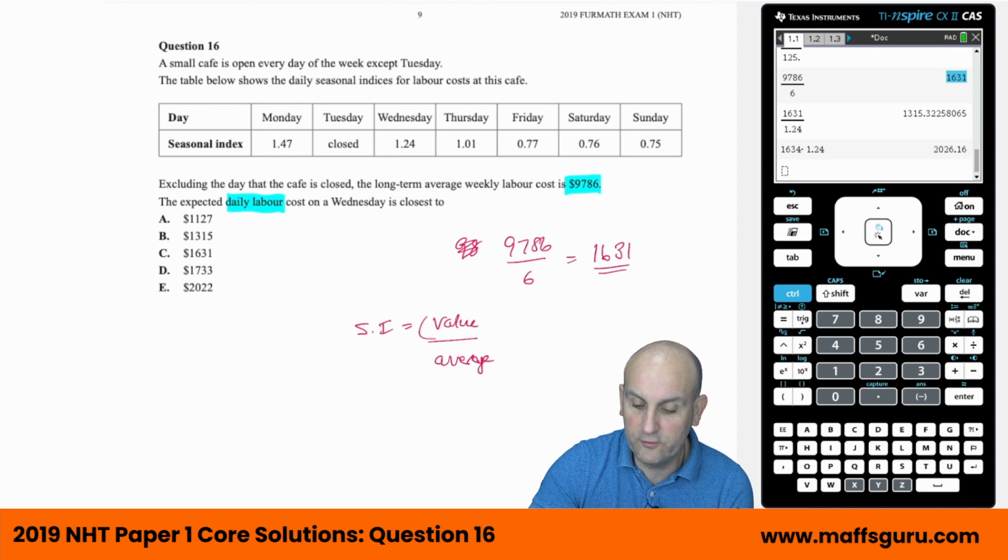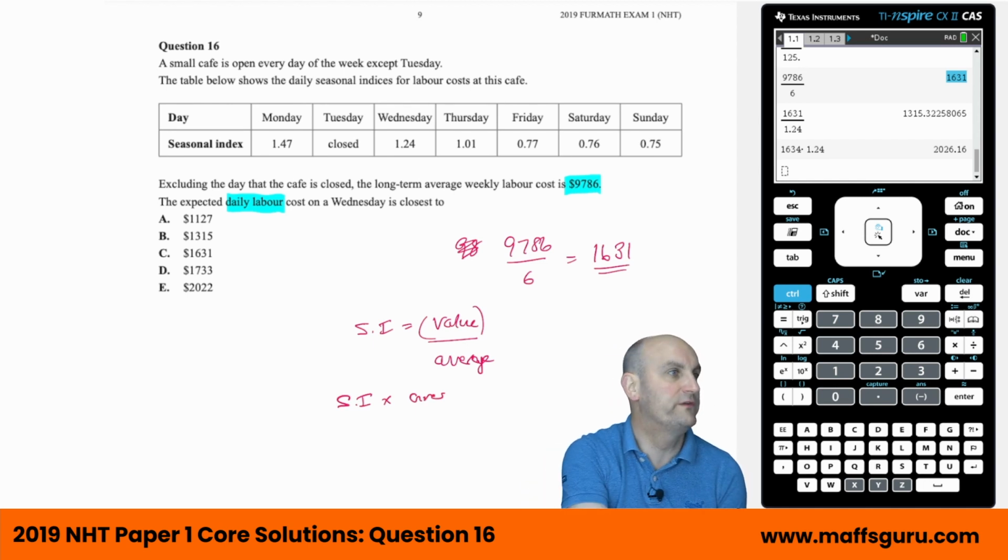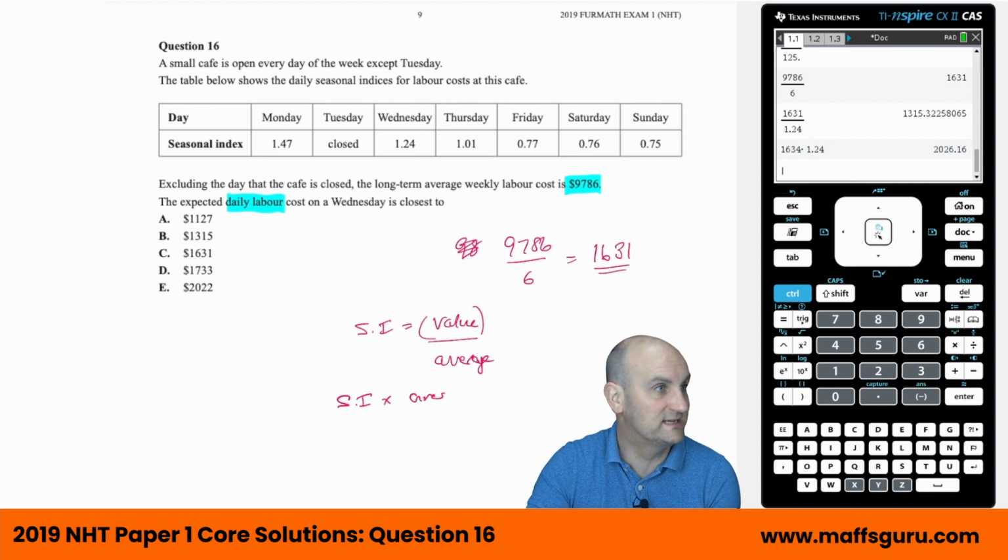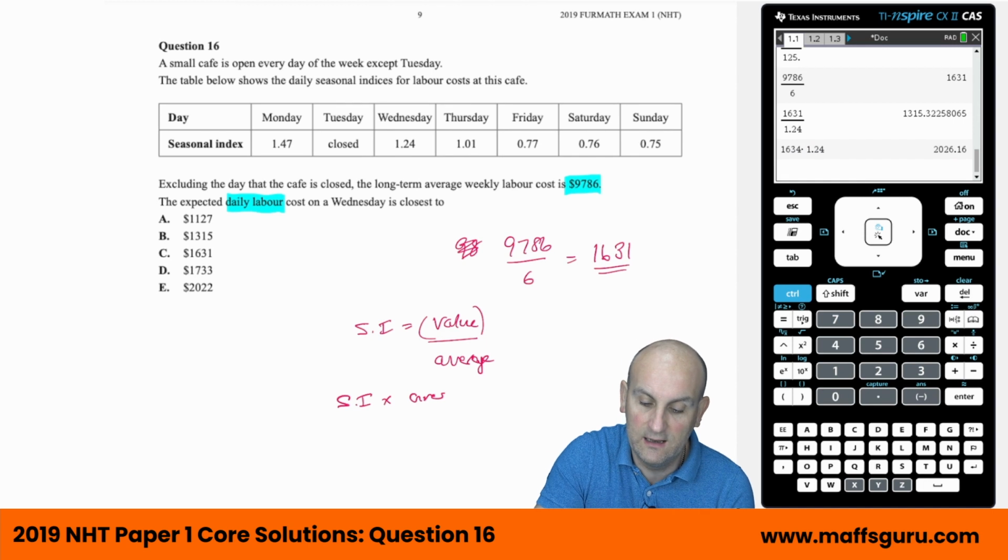Because we're trying to find the value for Wednesday, I'm going to do the seasonal index times the average. And so what you can see here, I've done 1634 times 1.24, which is 2026 and 16 cents. So again, because it wants it closest to, E is my correct answer.